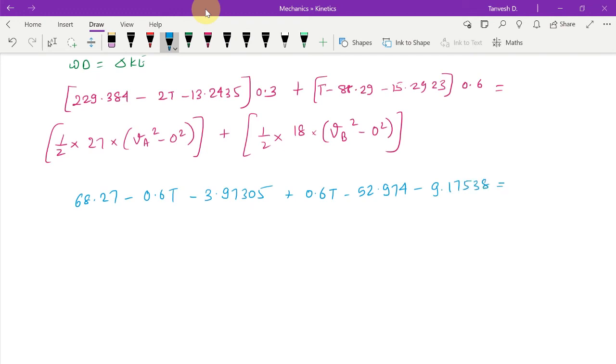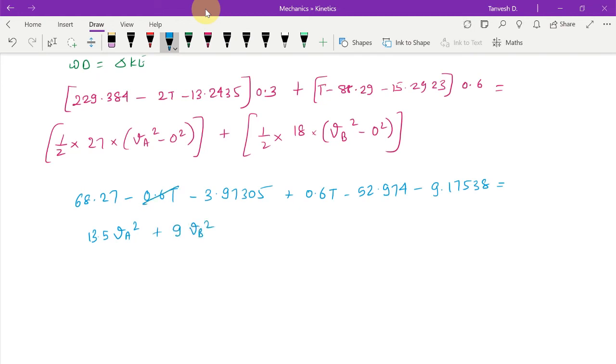It is equal to 13.5 VA square plus 9 times VB square.